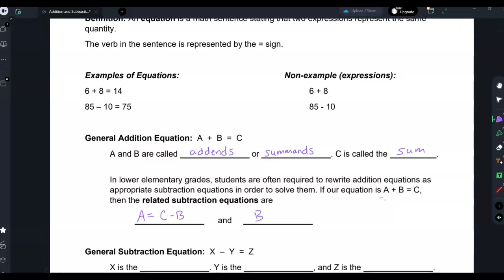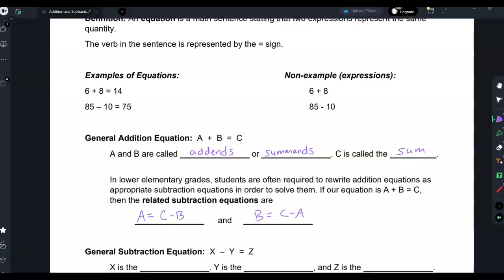You can imagine subtracting A from both sides of your equal sign. But again, it's just the idea that if I'm adding two things together to get C, then I would subtract one from C to get the other one. So B equals C minus A would be an equivalent subtraction equation. So at the lower elementary level, we don't subtract things from both sides.